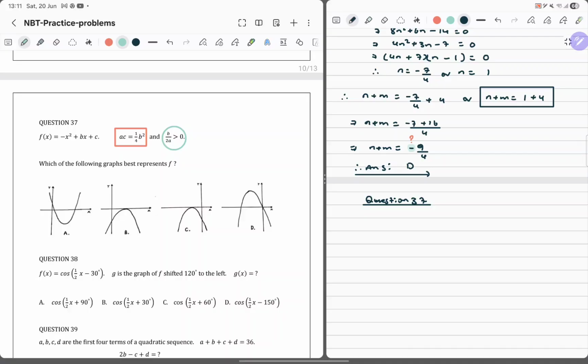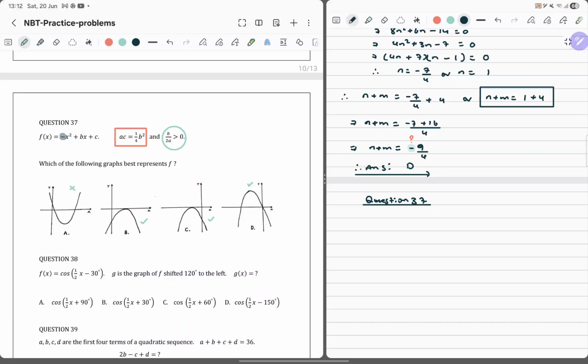Okay. So what does this mean? Well, what we want to know is, first of all, we know our graph is a grumpy face parabola. So it can be any of these three. And it's certainly not this one. So A is out.